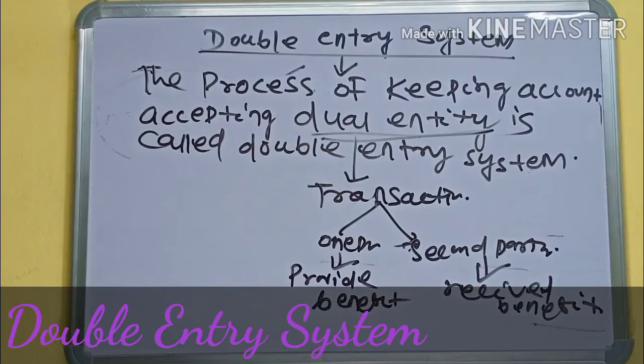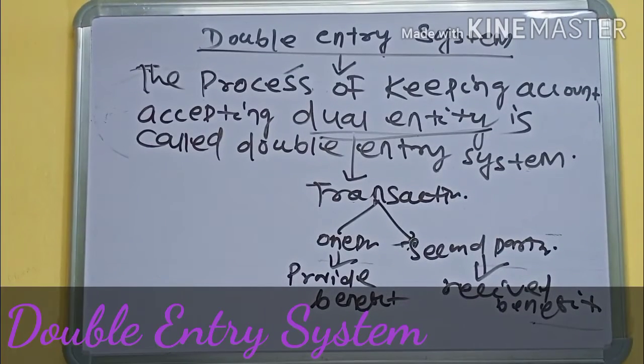So, in this double entry system, the record of transactions must be done as per the dual entity concept. That means it affects two sides, two parties or two accounts. One provides a benefit and another party receives such a benefit.